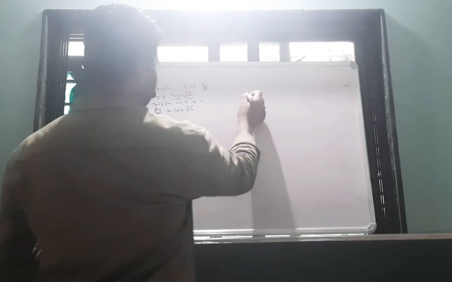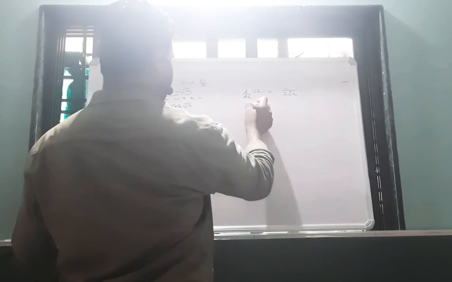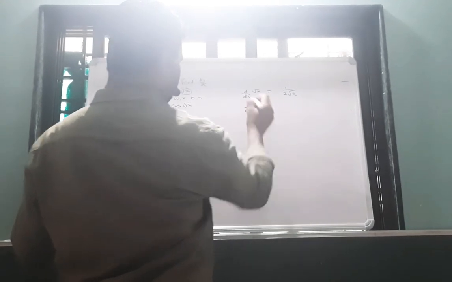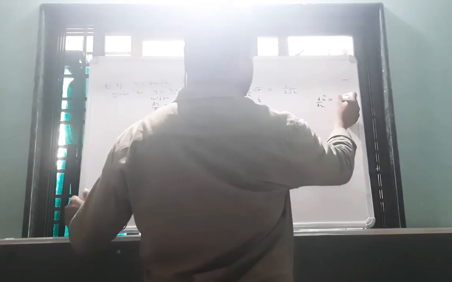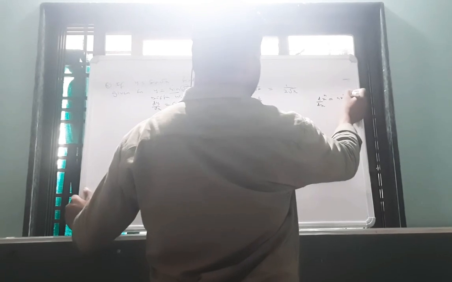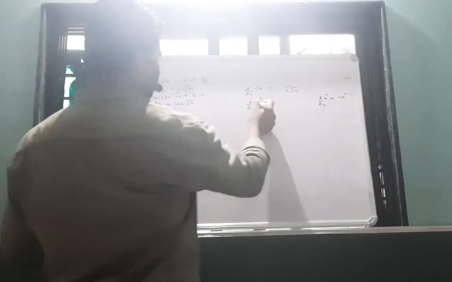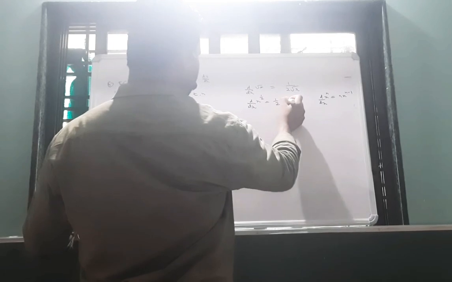The derivative of root x is 1 by 2 root x. I applied it like this: root x can be written as x to the power 1 by 2. Then we apply the formula that the derivative of x to the n is n x to the n minus 1. So it becomes 1 by 2, x to the 1 by 2 minus 1.